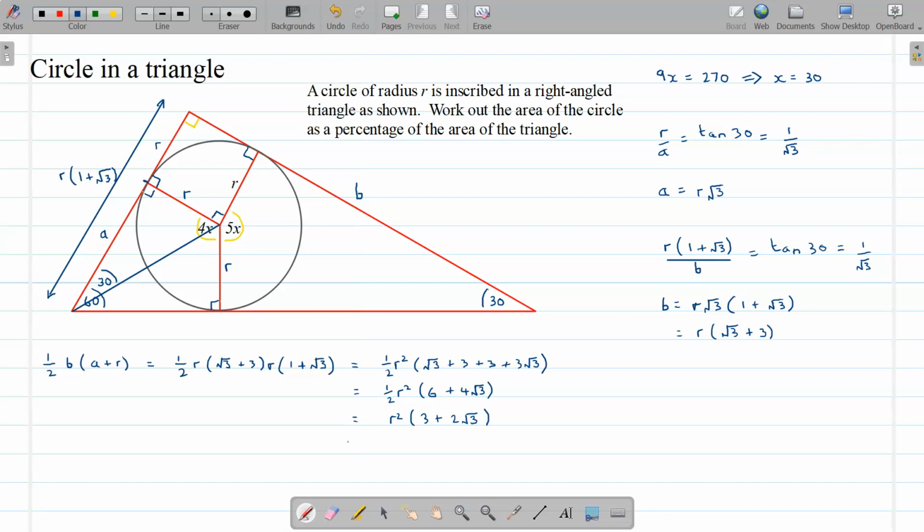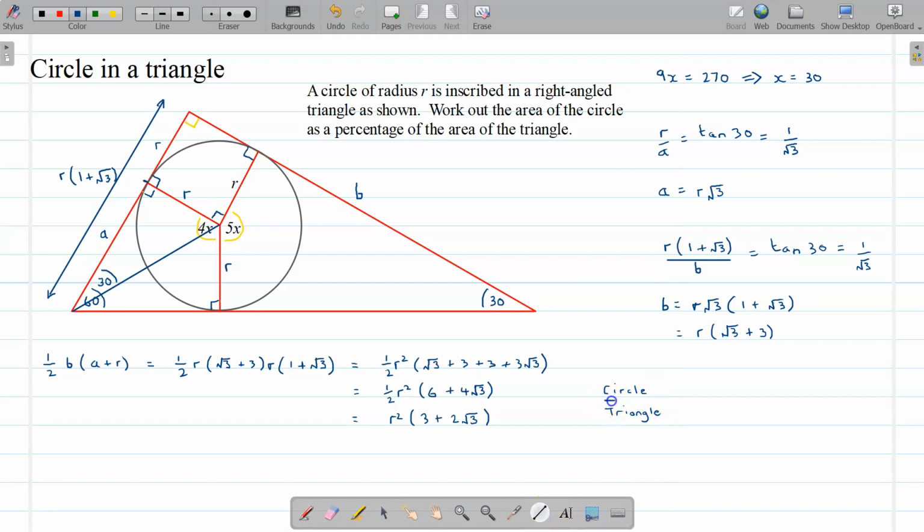And we know what the area of the circle is. It's just pi r squared. So the circle, I better put some description here. Circle over triangle, because I want to find a percentage, you see. So I need the fraction first of all.